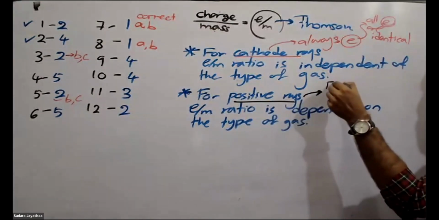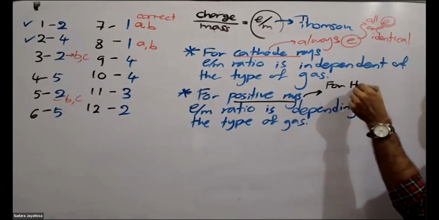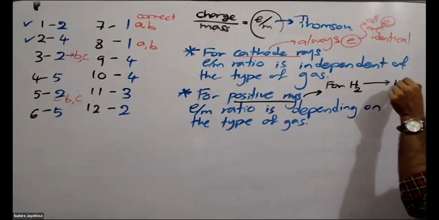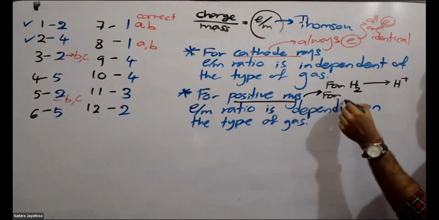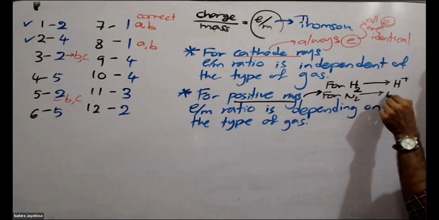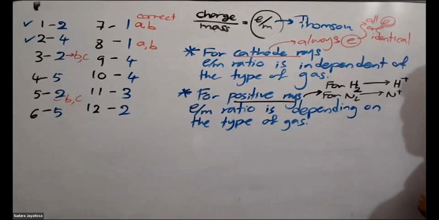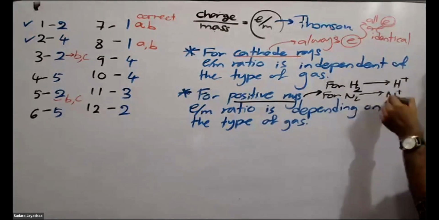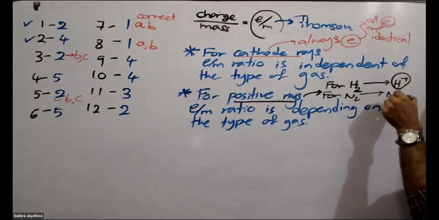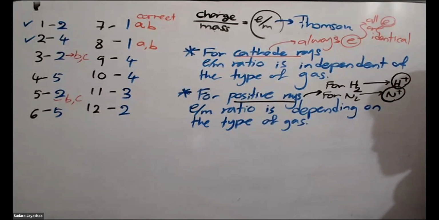Let's say if you inserted hydrogen gas, the positive ray particle will be H+. Then for any other gas, let's say nitrogen gas, it will be N+ or maybe N2+, whatever, right? The positive particle depends on the gas we insert.